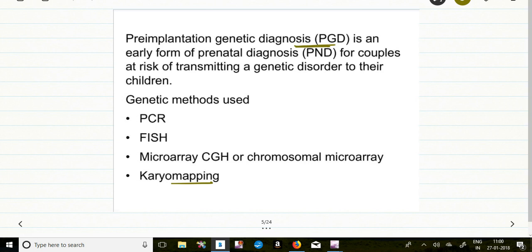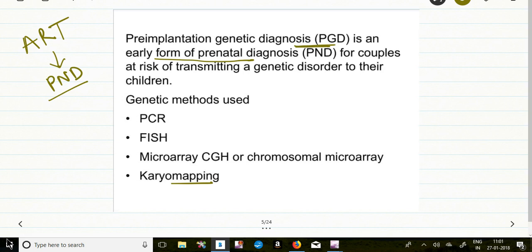It is done much before conception actually takes place. So pre-implantation genetic diagnosis is an early form of prenatal diagnosis. The technique is through ART, assisted reproductive techniques, and the indication is prenatal diagnosis done even before implantation. So the name is pre-implantation genetic diagnosis.